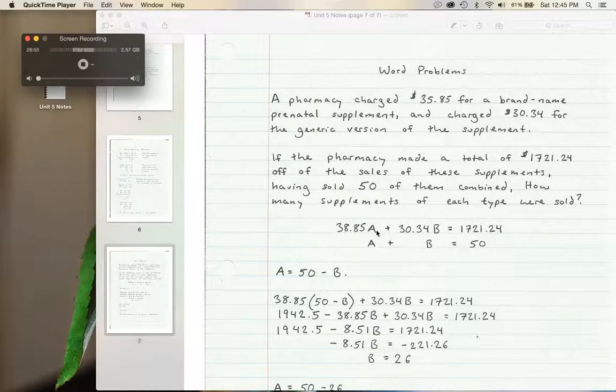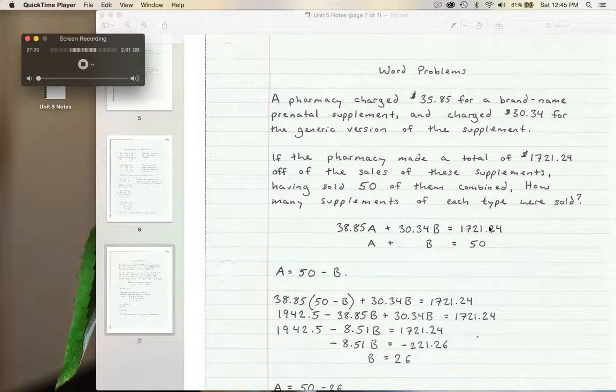So however many of supplement A at this price, plus however many of supplement B at this price, all of that adds up to the total sales that the pharmacy made. That's our first equation. That's one equation with two variables. So we'll need a second equation so that we can solve for both variables.